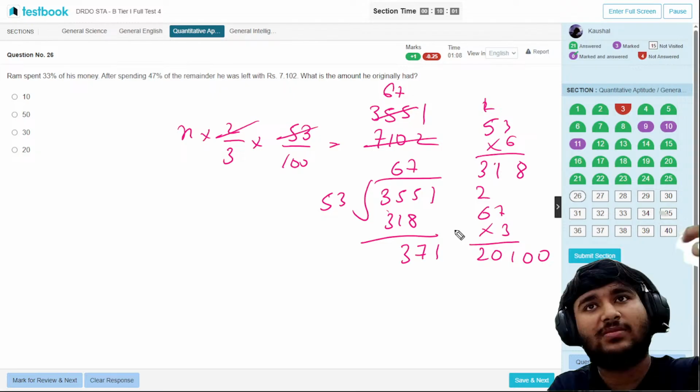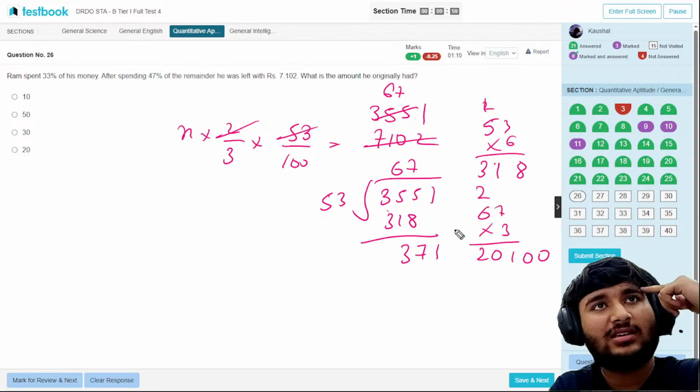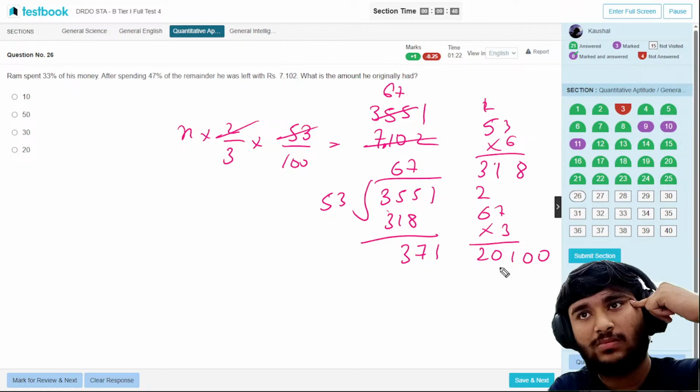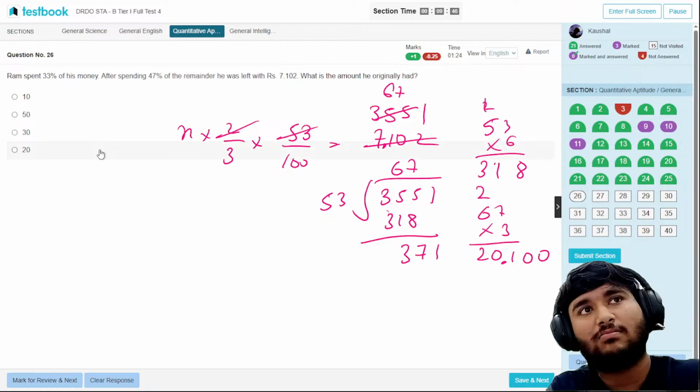What amount he originally had का क्या मीनिंग है? अच्छा 7.02 है. 3 जीरो है इसके आगे. 20.1 आ रहा है. क्या गंदे क्वेश्चन है.